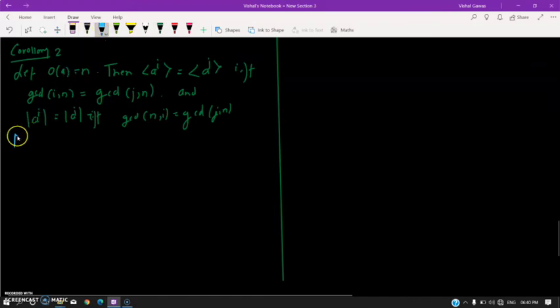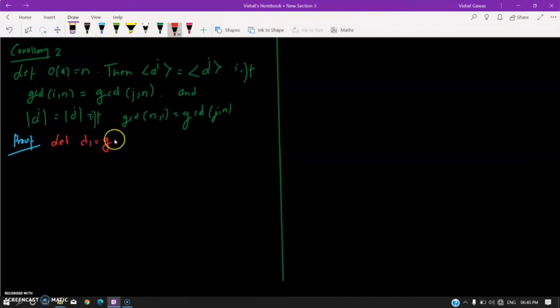So let's try to prove this. Proof. Okay. So let me use this i notion here. Let d1 be equal to the GCD of n and i, and d2 be the GCD of j and n.